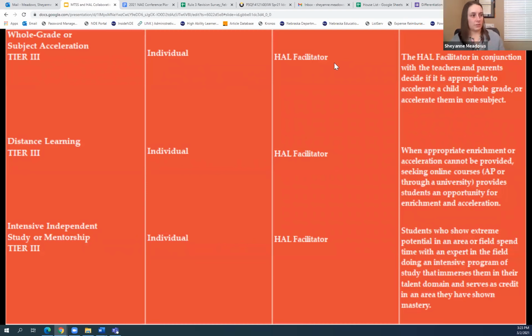A HAL facilitator is usually someone who does these, but all these decisions a lot of times are also made by administrators. Things such as acceleration, distance learning when appropriate, they can approve those intensive mentorships and those different things. And so this is just laying out what was on that pyramid in a way that's quick and digestible.